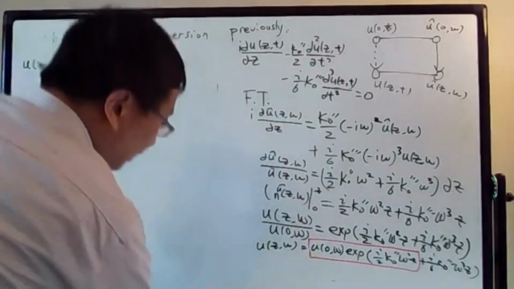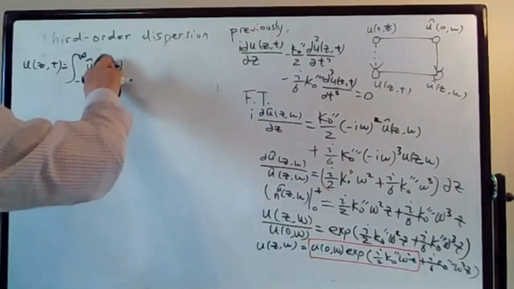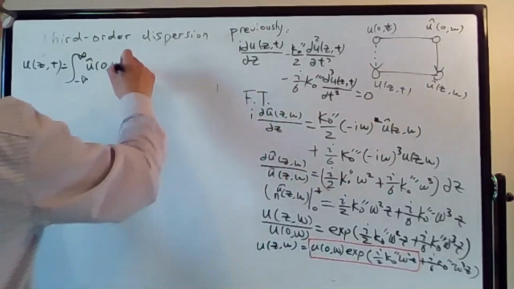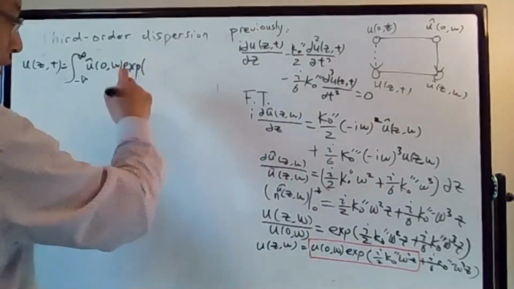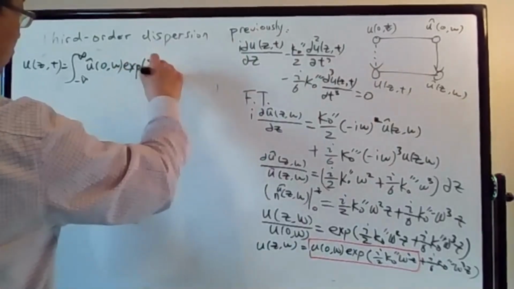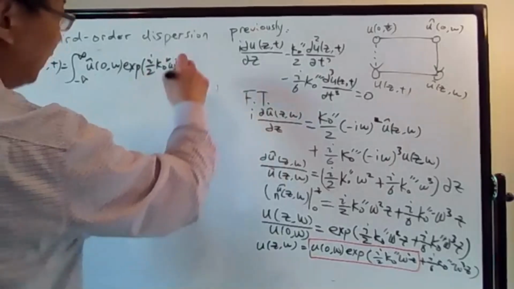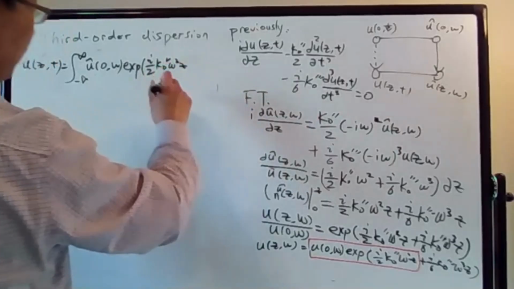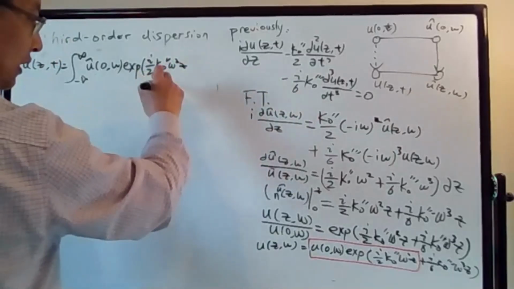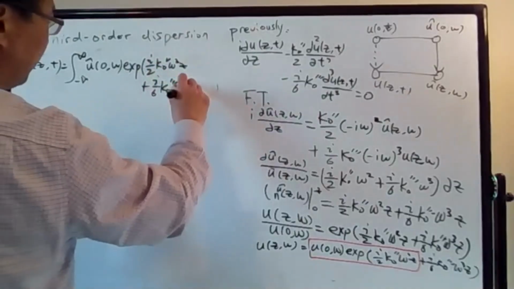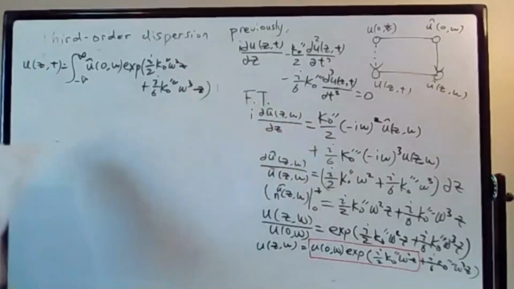It's u tilde 0 omega times the exponential of i/2 k0'' omega squared z plus i/6 k0''' omega cubed z, right?